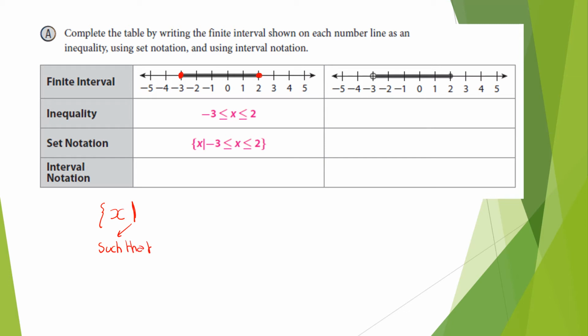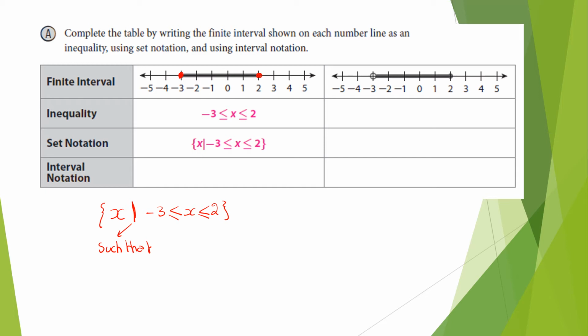Such that X what? Such that X satisfies this inequality. This is the way to understand how we write set notation. But to write it quickly, we just open the braces, write X, then the such-that line, then repeat the inequality as it is, then close the braces.